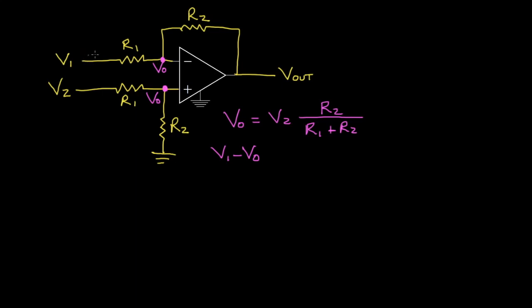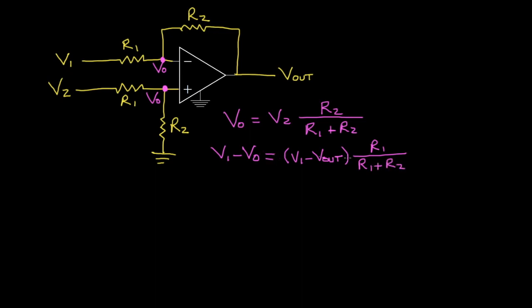So the voltage from this point to this point, that's going to be R1 over R1 plus R2 times the voltage from this point to this point. So that voltage is V1 minus V out, and then the voltage division is R1 over R1 plus R2.